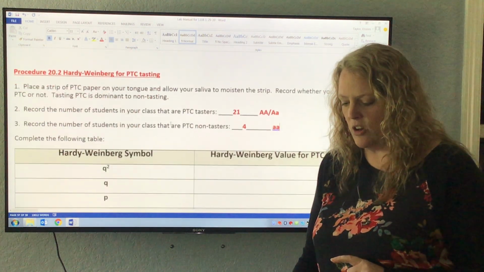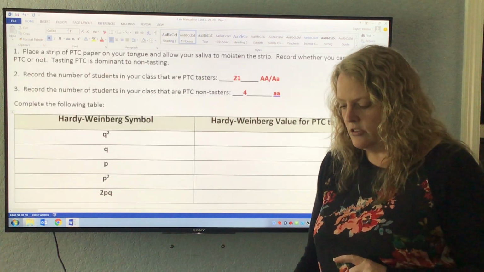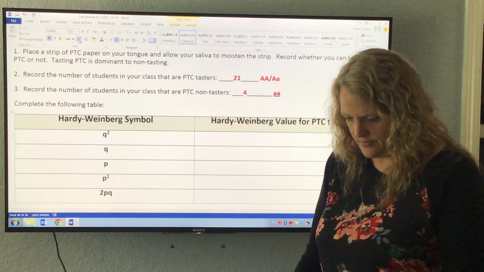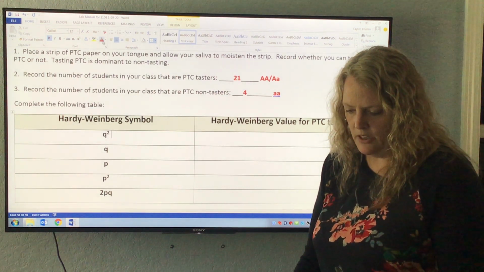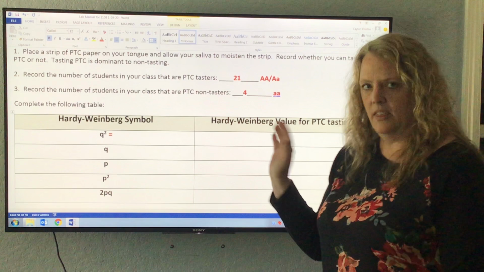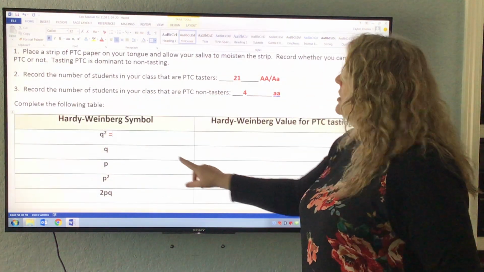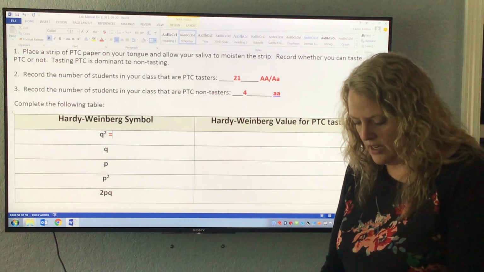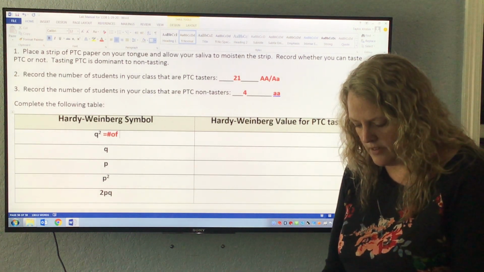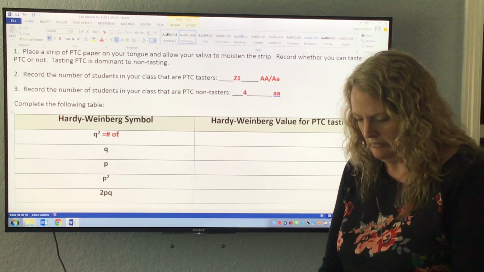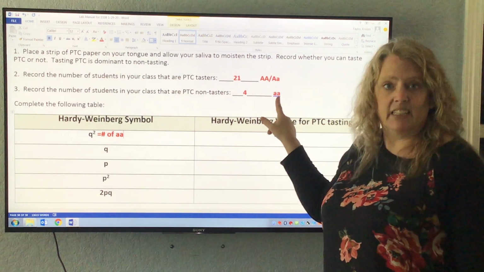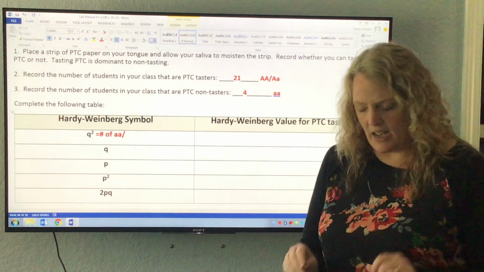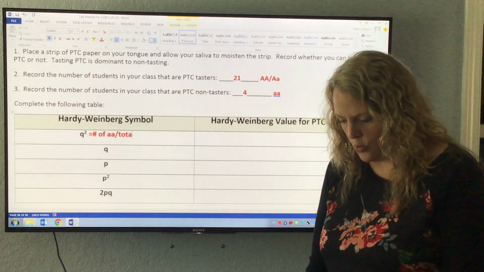And let me show you how you solve for that. To solve for q squared, you would take the number of people that are homozygous recessive, and we have 4, divided by the total.